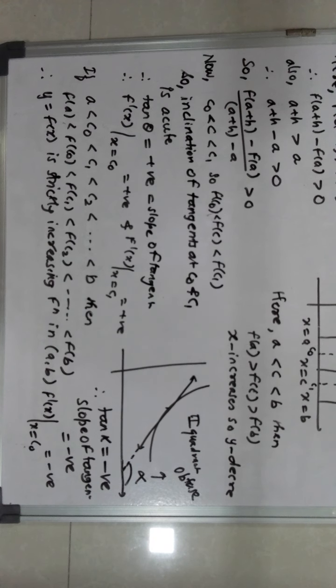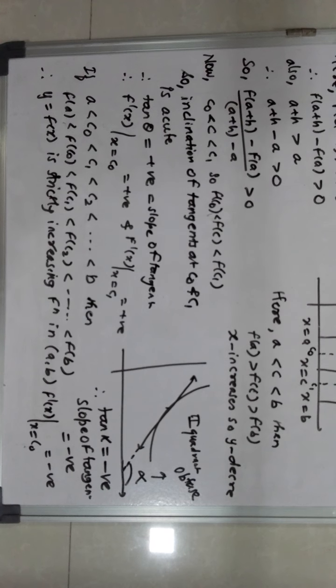To summarize, I can say a function is strictly increasing in the open interval of a and b if and only if f dash x at a point between a and b is always positive.